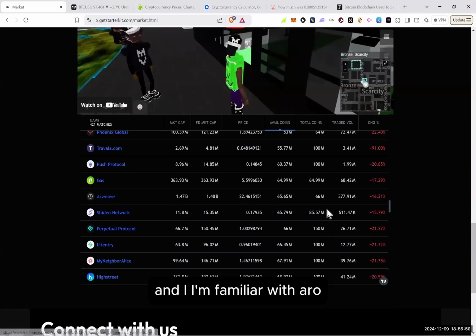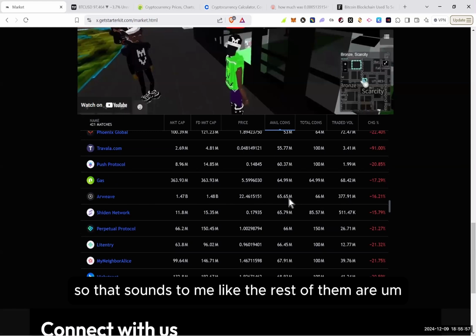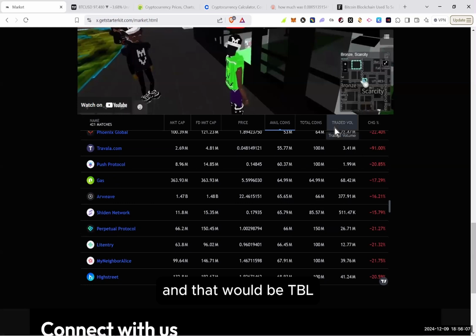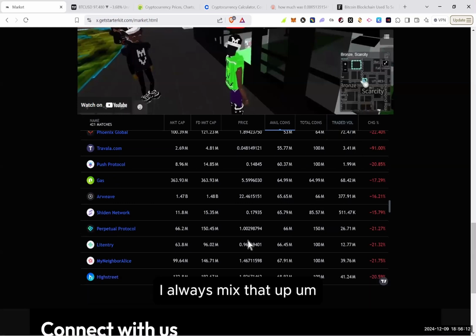And I'm familiar with Arweave. So 66 million total coins, 65 million available coins. That sounds to me like the rest of them are either allocated to the team or locked up. And that would be TVL, total value locked. I always mix that up.